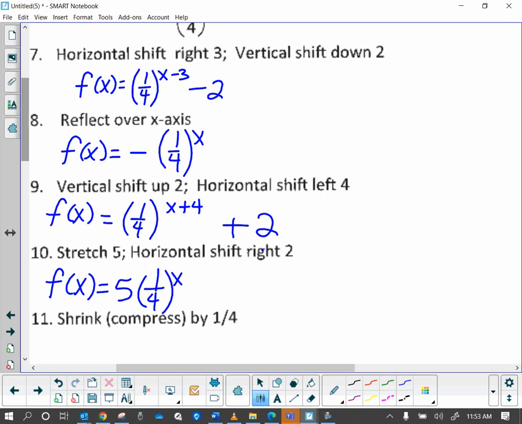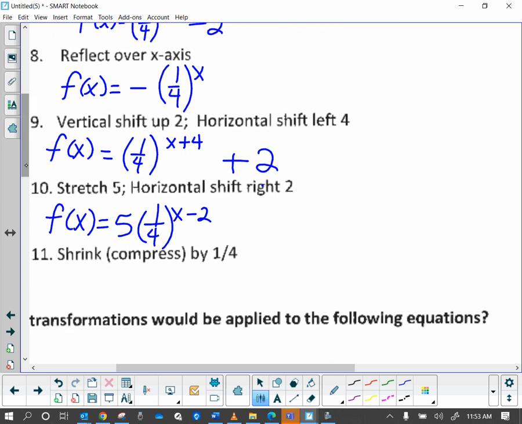And then right 2 is going to be minus 2. Then a shrink or compressed by 1/4. Remember, a stretch or a shrink, that's going to be the number in front of your B. So this is going to be f of x equals 1/4 times 1/4 to the x power.